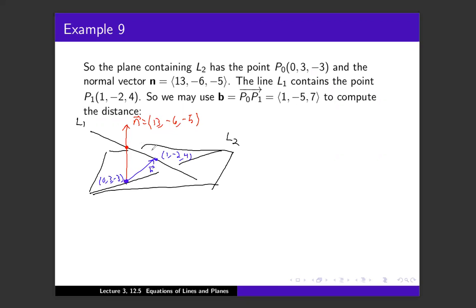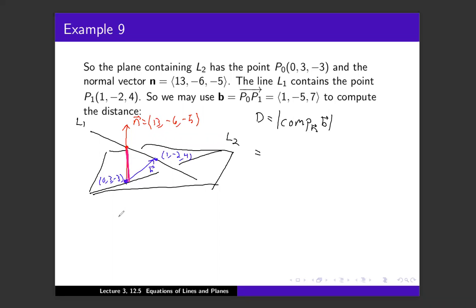And now it's even more clear that all we're doing is using scalar projections onto this segment. So the distance that we care about is the scalar projection of our vector B onto n.